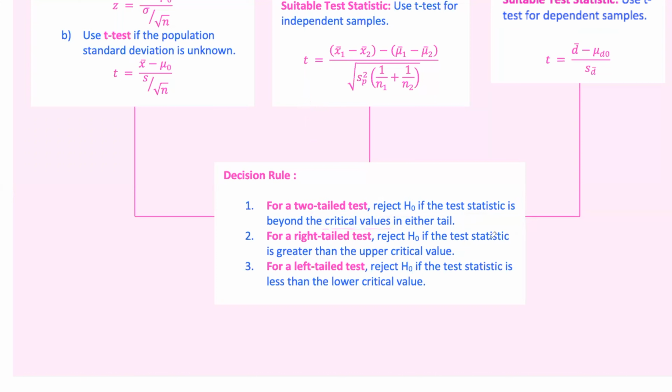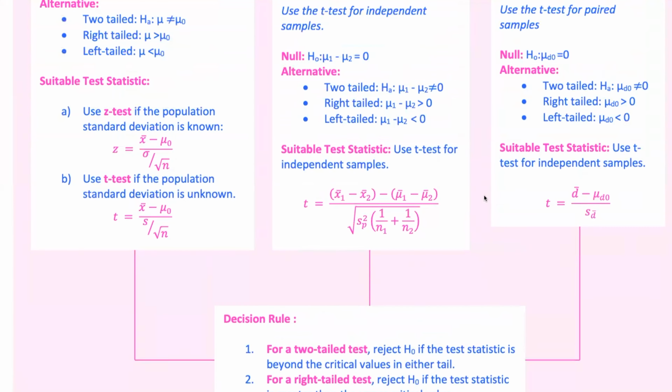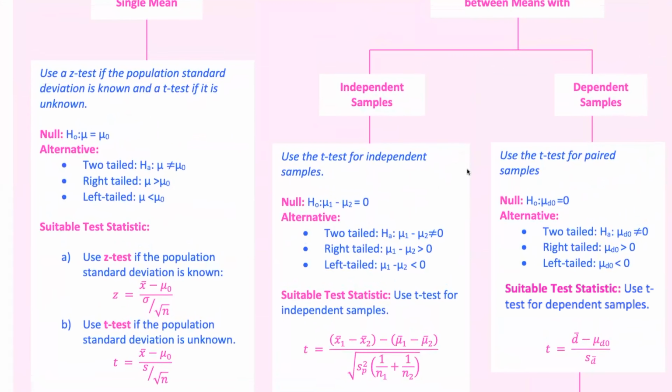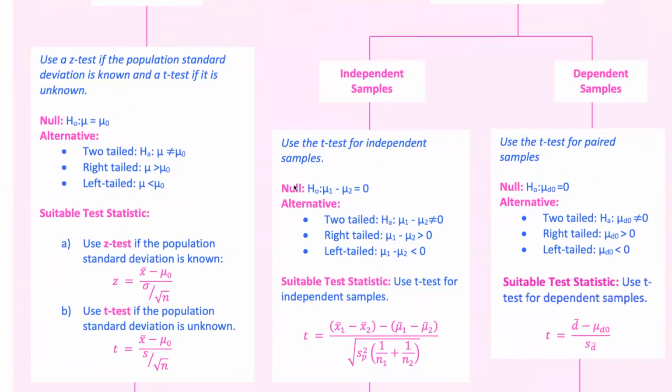In a right-tailed test, we reject the null if the test statistic is greater than the upper critical value. In a left-tailed test, we reject the null if the test statistic is less than the lower critical value. So in essence, we're comparing our test statistic to these critical values to determine whether to reject the null hypothesis.